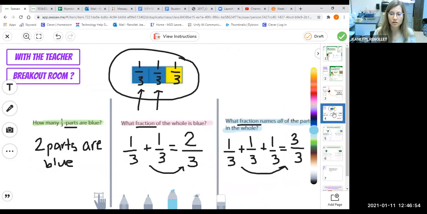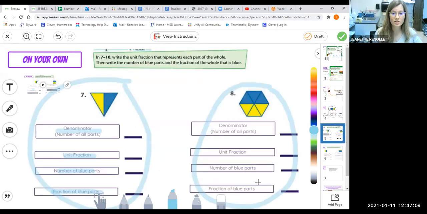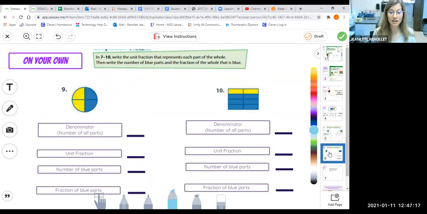Don't forget that you can look back at the work we've done together. Slide 4 is showing you all of these answers, asking you how many parts are blue, what fraction is blue. You're going to do the same thing on number 5, just with some new models. Slide number 6 is the same thing, just with some new models.